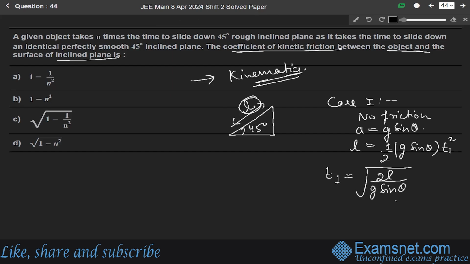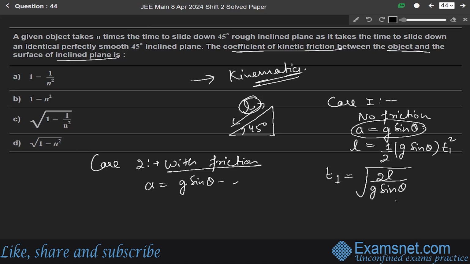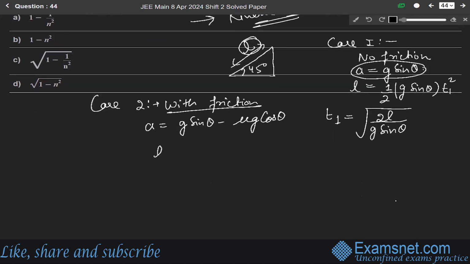Okay. And for case 2, with friction. Without friction, A is g sine theta and L is 1 by 2 g sine theta T1 square. So with friction, A will be g sine theta minus mu g cos theta. Okay. And here, L will be equal to 1 by 2 into g sine theta minus mu g cos theta into T2 square.